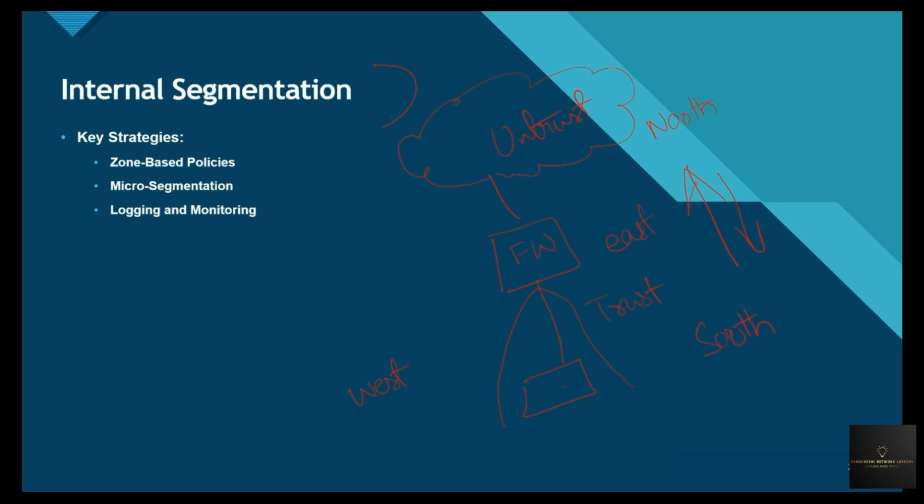Now if you talk about the zone-based policies, when you deploy firewalls between different internal segments or zones like finance, HR, and IT, enforcing strict rules for communication between those zones is one of the key strategies. All right, between the different zones. Now after that is the micro segmentation.